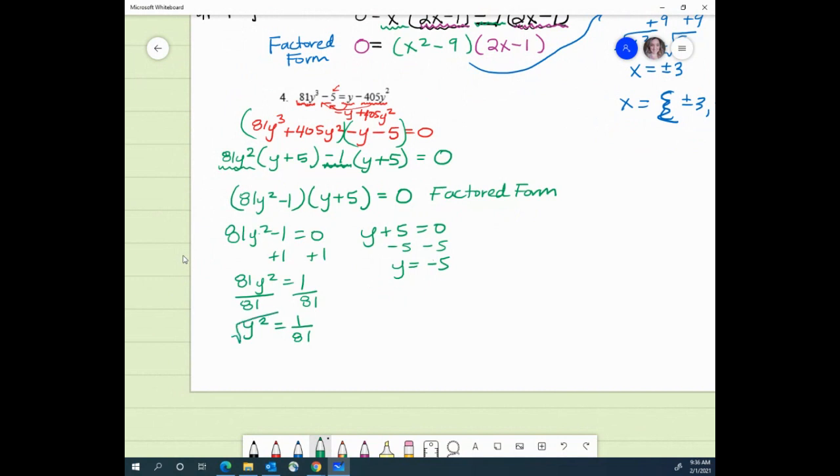And then take the square root of each side. So y equals plus or minus. Now the square root of 1 over 81 is 1 over 9. Square root of 1 is 1. Square root of 81 is 9. So my solution set is -5 and plus or minus 1/9.